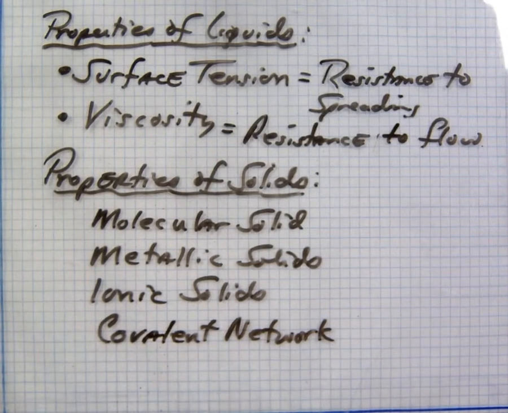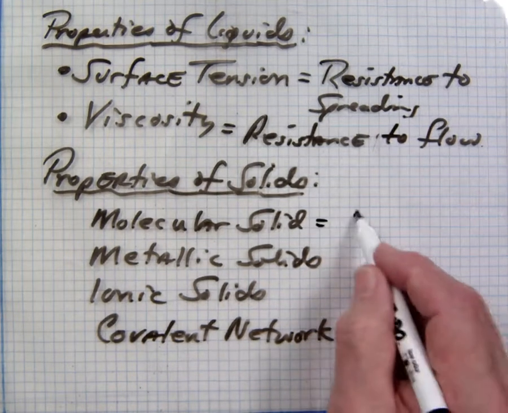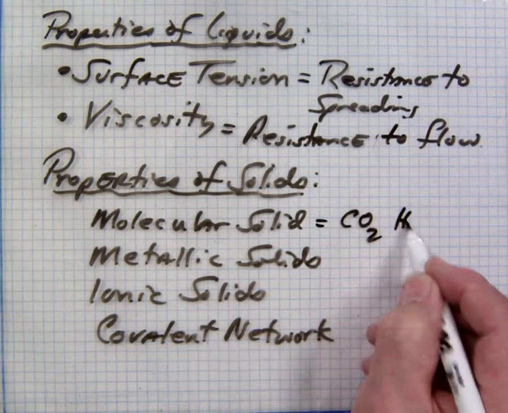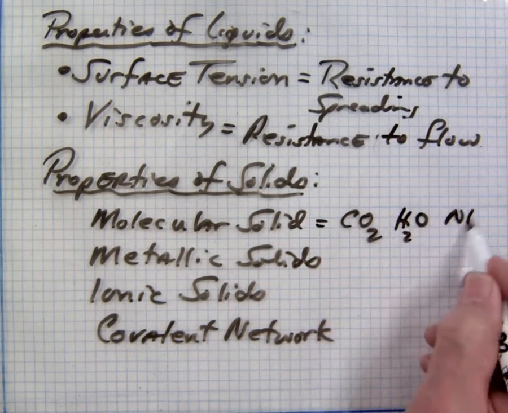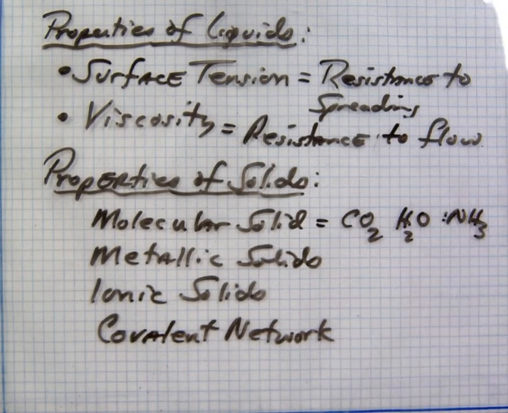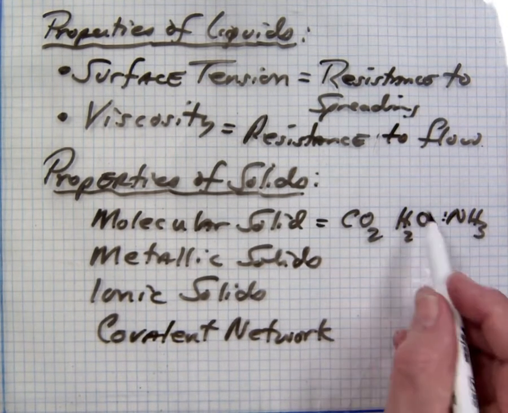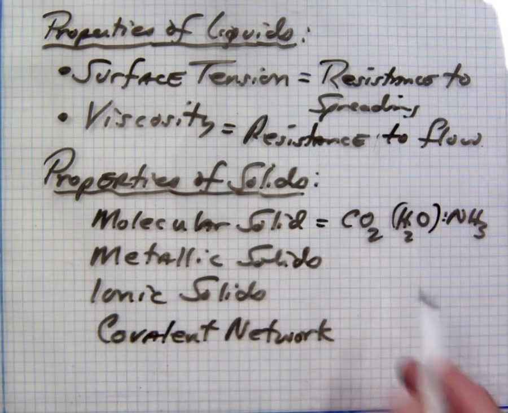If you think about it, these are pretty easy characterizations. Molecular solids are pretty much organic molecules, things that you can isolate individually. CO2, H2O, ammonia. All of those are molecular type materials, and you can freeze them down. Ice is a molecular solid.